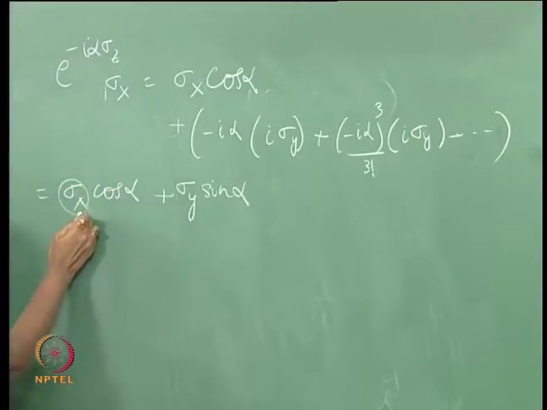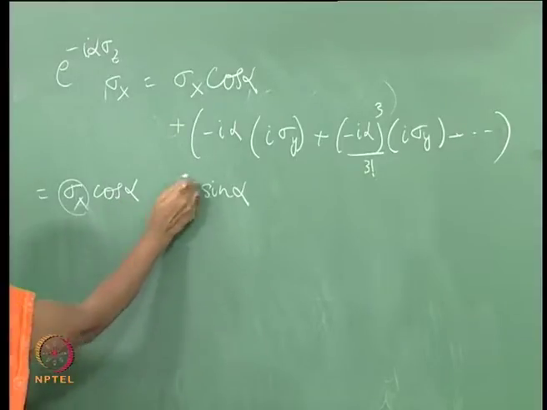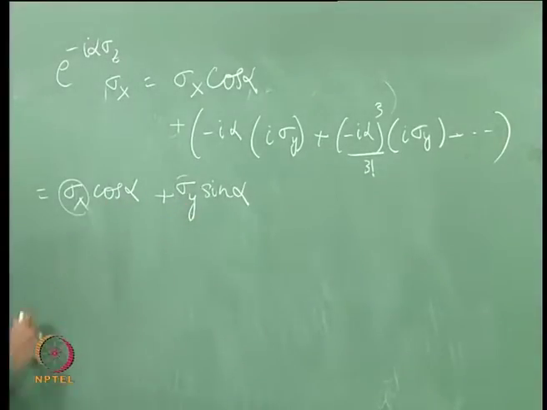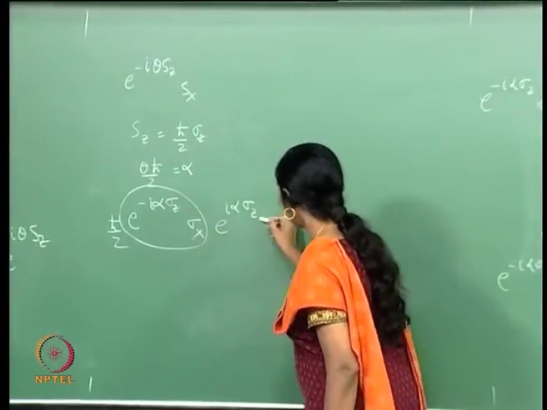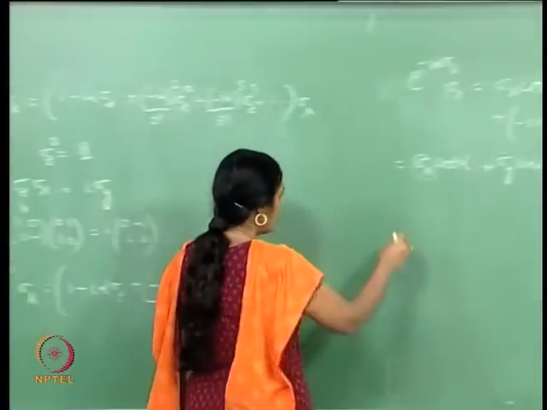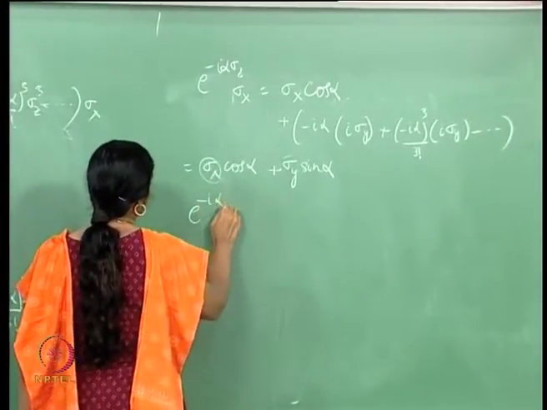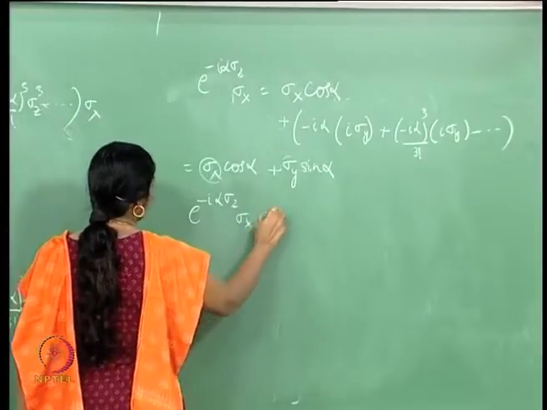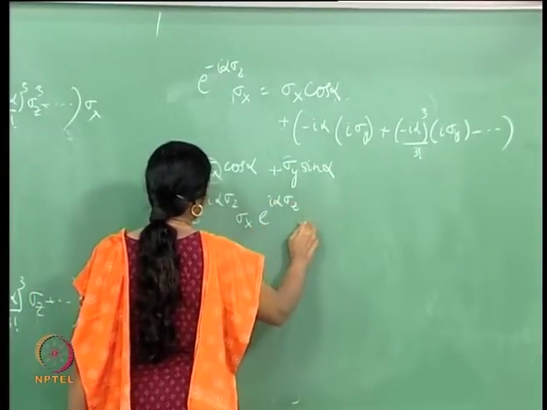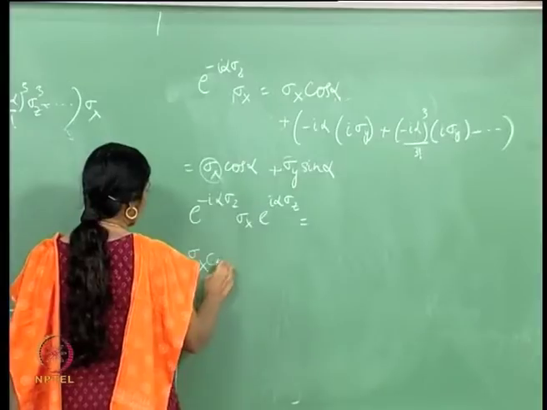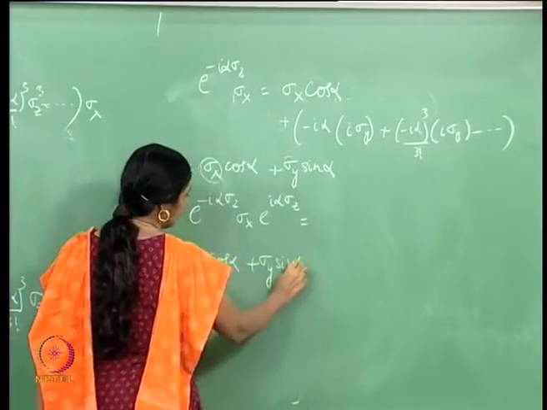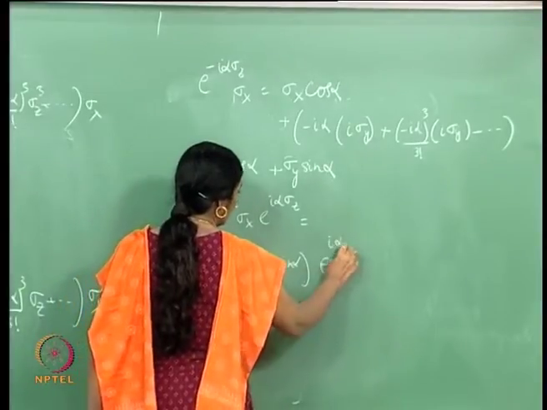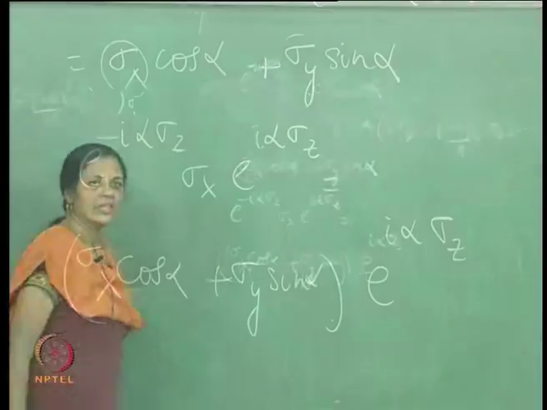This is a matrix. This is just a number. This is another matrix. I am expected to find e to the minus I alpha sigma z sigma x times e to the I alpha sigma z, and therefore this is simply equal to sigma x cos alpha plus sigma y sin alpha multiplied by e to the I alpha sigma z.